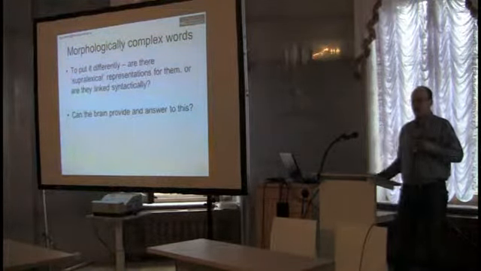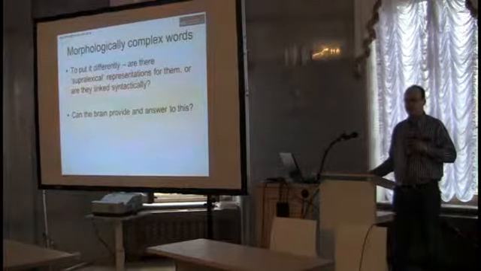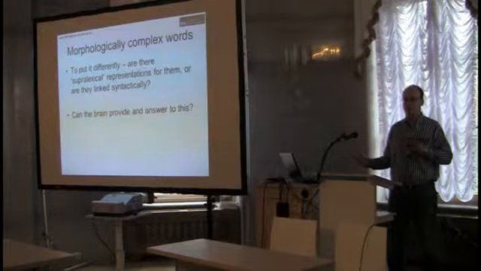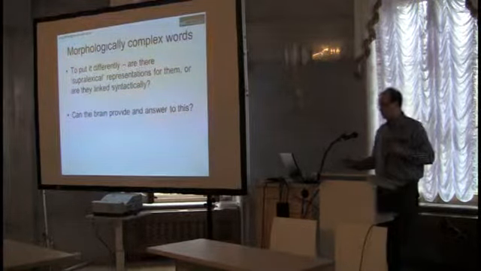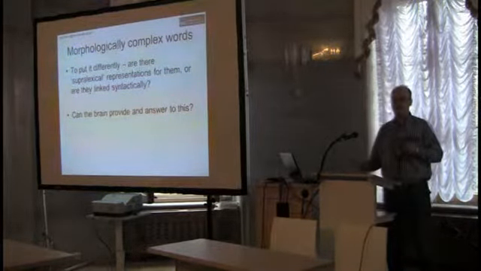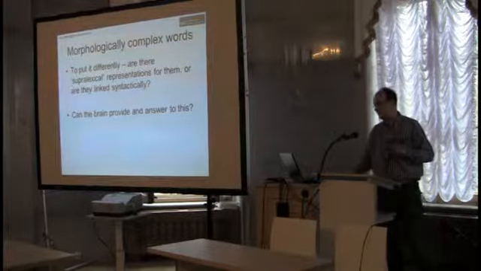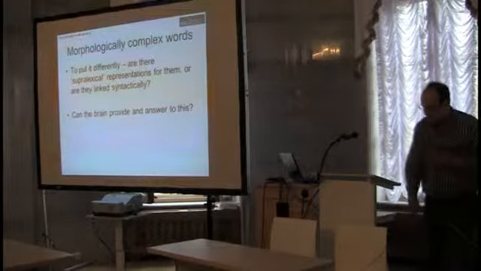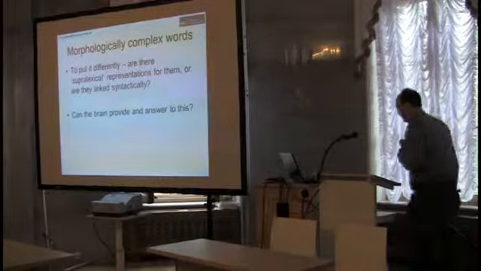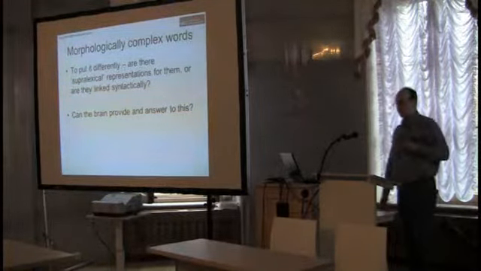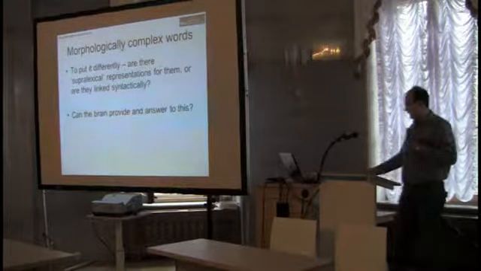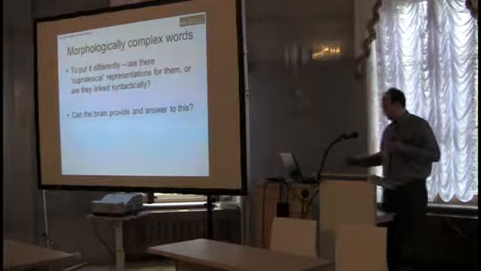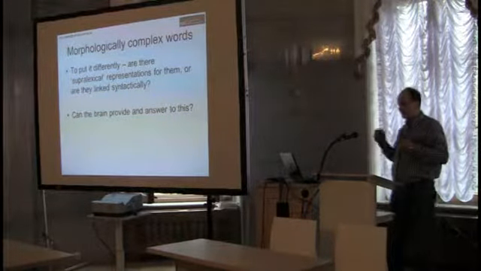To put it differently, are there supralexical representations for complex words? Are there representations for something like coffee maker? Or are they linked syntactically, and do you have to parse it into a thing that makes coffee? This is something that has been discussed in linguistics, and especially psycholinguistics, for a long time, and there are arguments to both sides. And the brain, as we like to believe, as the processor responsible for all this business, can perhaps provide an answer for this.